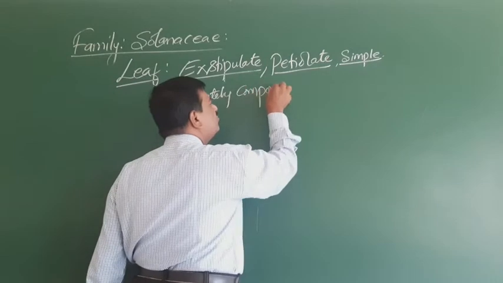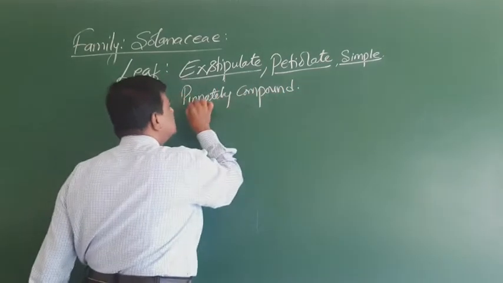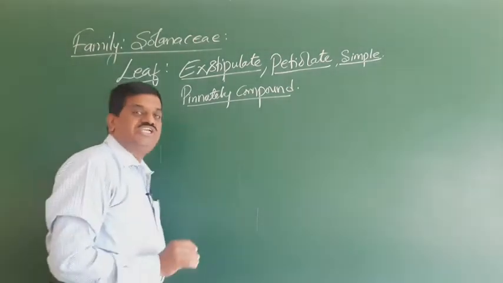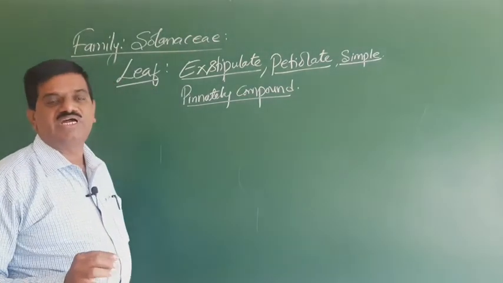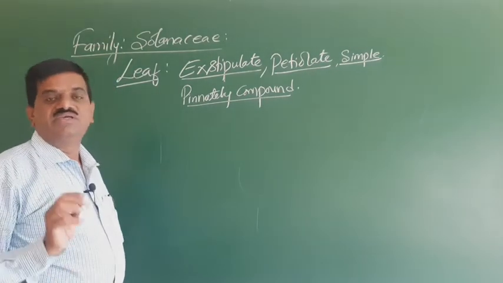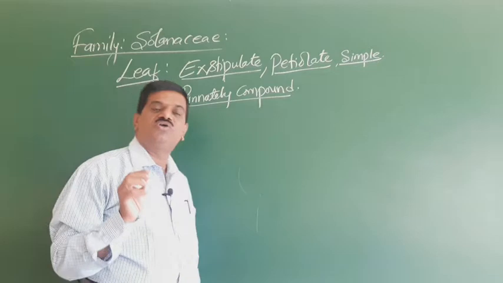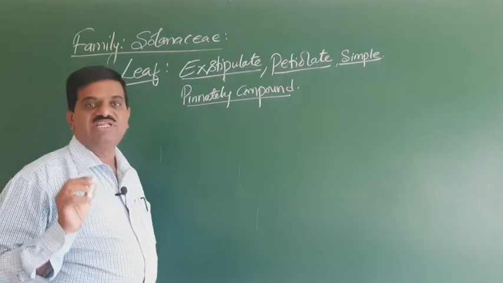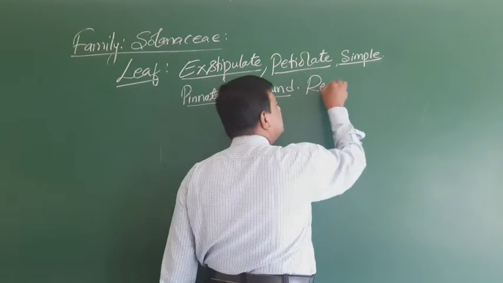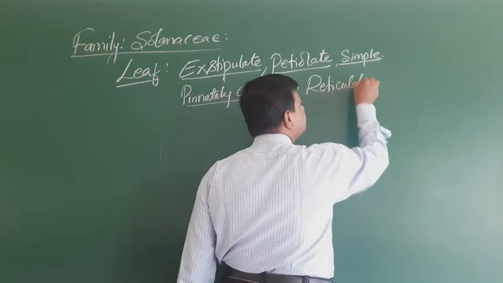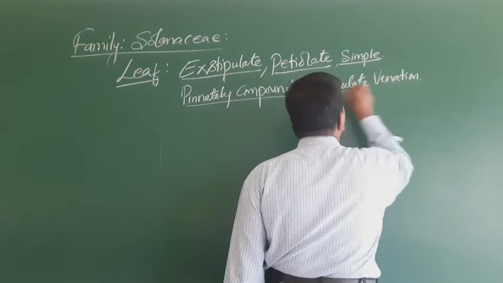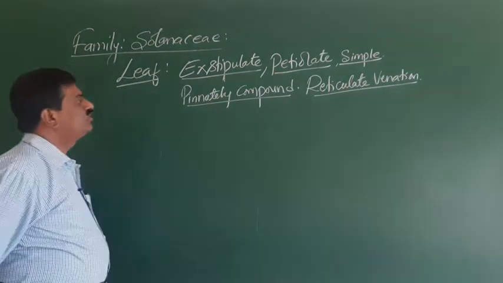And venation: the word venation is nothing but the arrangement of veins and veinlets in a leaf lamina, and here it is called reticulate venation. So this is about leaf.